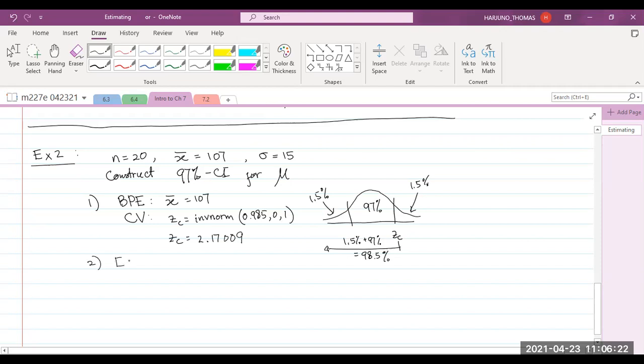Therefore, the margin of error will be the critical value times the population standard deviation 15 over square root of the sample size 20.